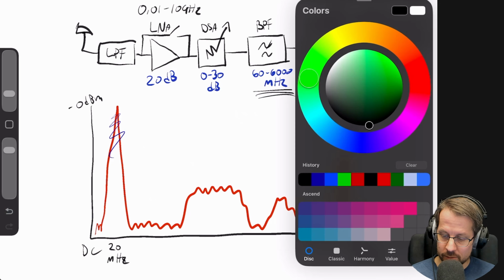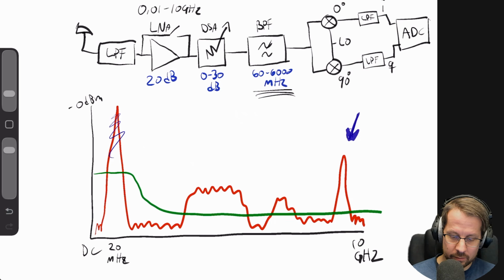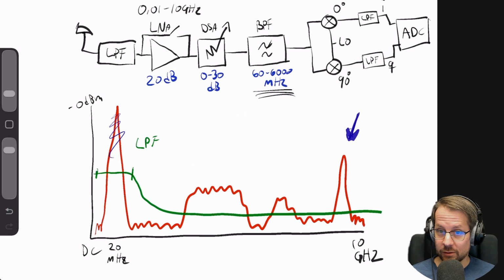Let's say now we only wanted to pass along this frequency. So that will mean like this. This, for example, is a low pass filter. So that will attenuate that. So that is a good idea to protect from any strong signals entering your spectrum analyzer.